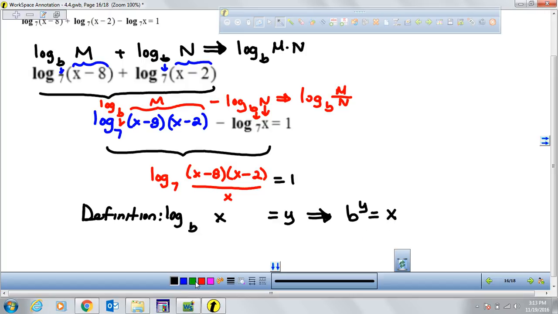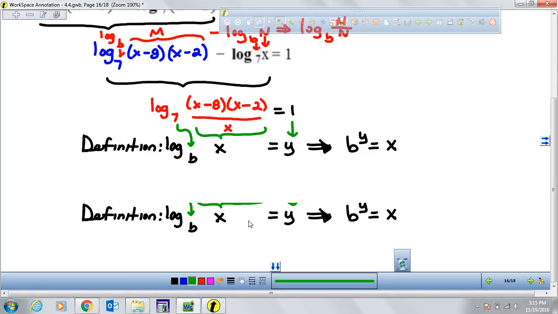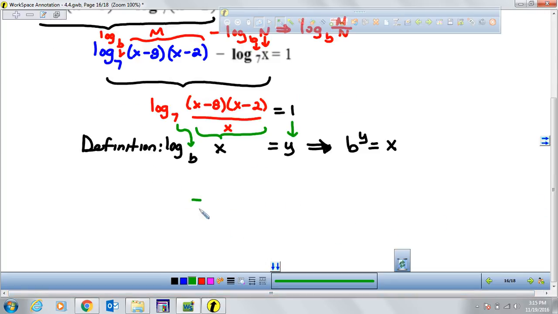And if we take very close attention, the base b is 7, my x is represented by this fraction right here, and my y is 1, right? So b, which is 7 raised to the y power, which is 1, equals x, which is this fraction, x minus 8 times x minus 2 divided by x.